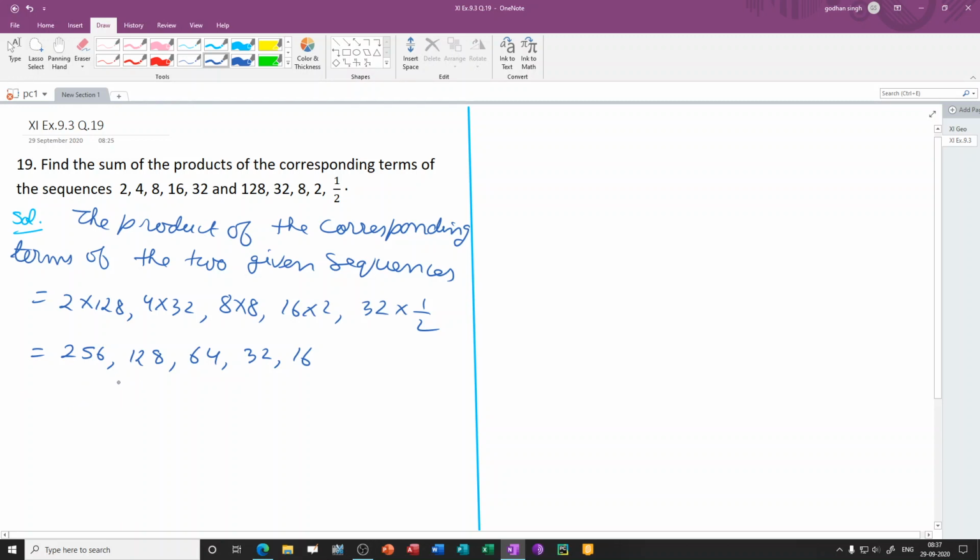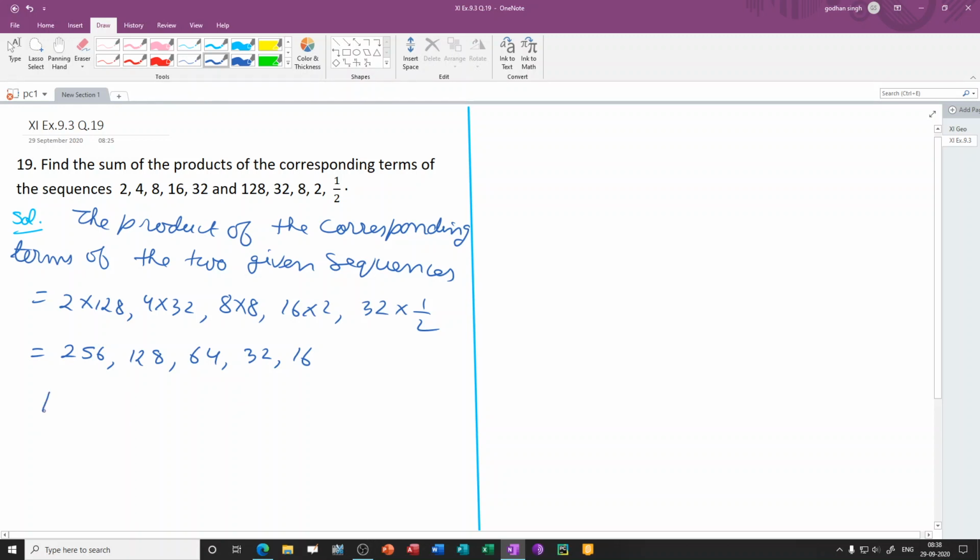And you can easily see here, if we perform the operation a2 by a1, 128 by 256 we get 1 by 2, 64 by 128 again 1 by 2, 32 by 64 is 1 by 2, and 16 by 32 is 1 by 2. So this is a GP, and we'll apply the formula of n terms of a GP.